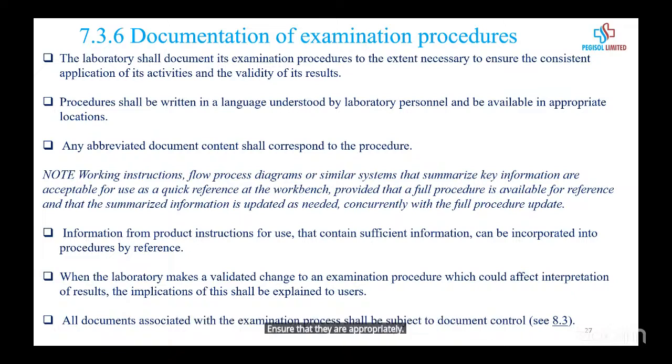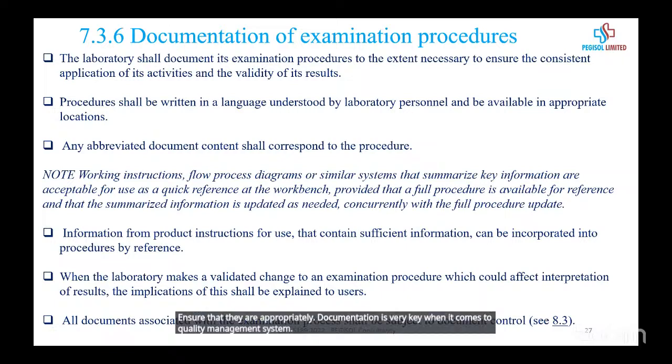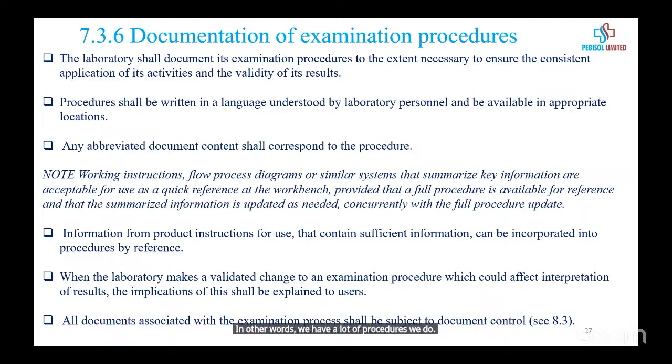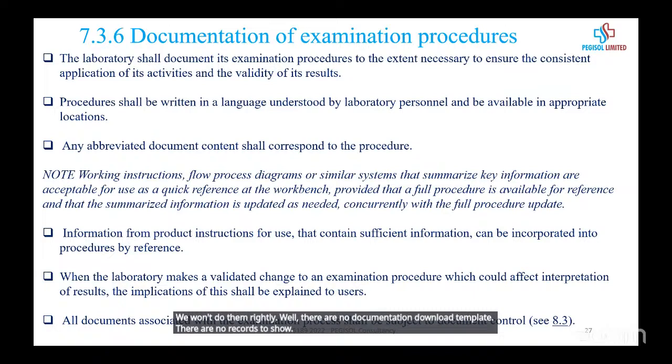Documentation is very key when it comes to quality management system. A lot of us have a lot of procedures we do, and we even do them rightly, but there is no documentation, there are no templates, there are no records to show that we actually do them.